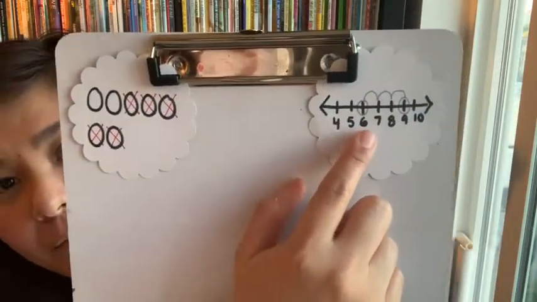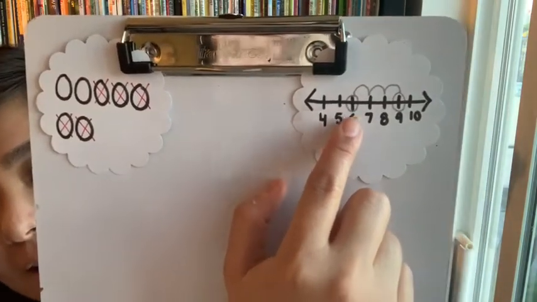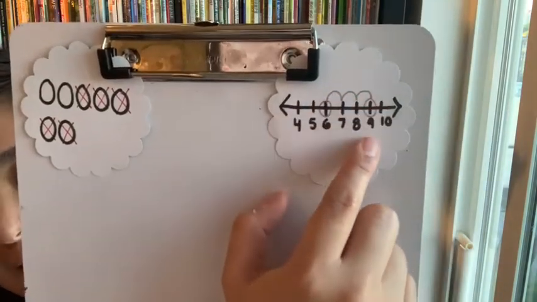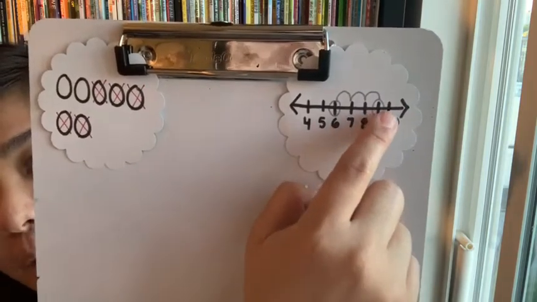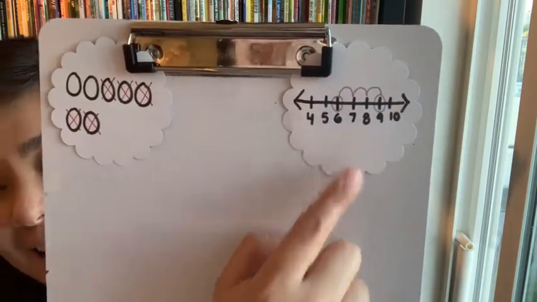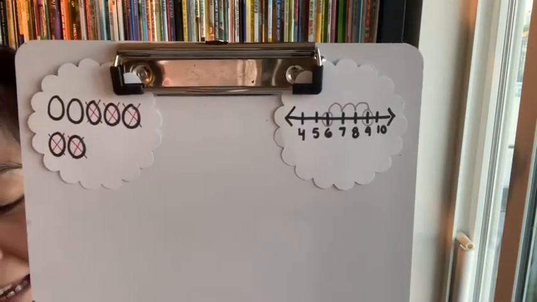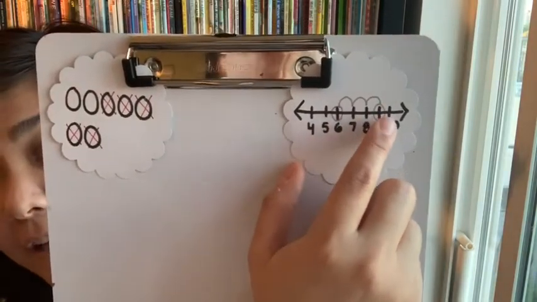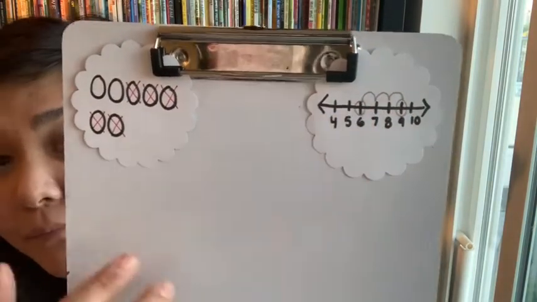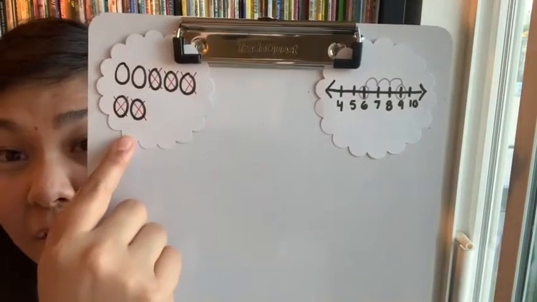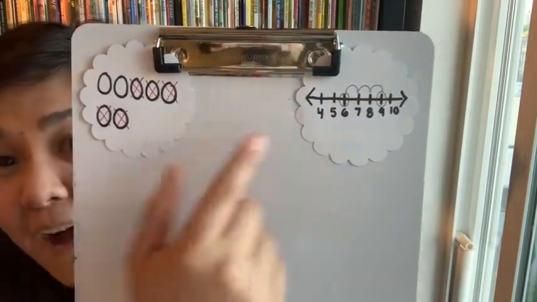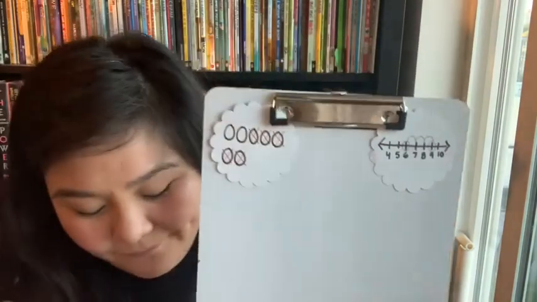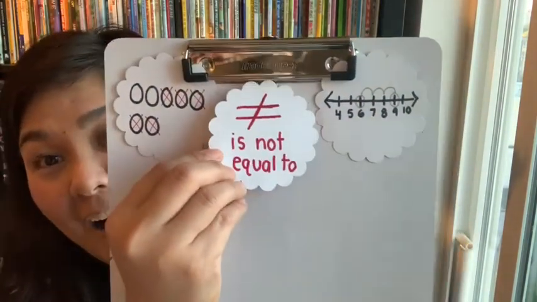And I see a number line where either we started with 6 and we jumped 3 to get to 9, or we started at 9 and we jumped backwards 3 to get to 6. And if I'm looking at the parts of how many I've jumped, 1, 2, 3, and the parts I've taken away here, there's 5. And I know that 5 and 3 are not the same. So I know that these models are not equal to, and it's false. So I'm going to take these flashcards and put them in my finished pile.